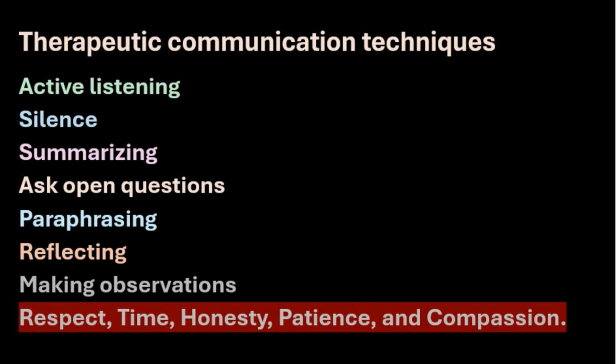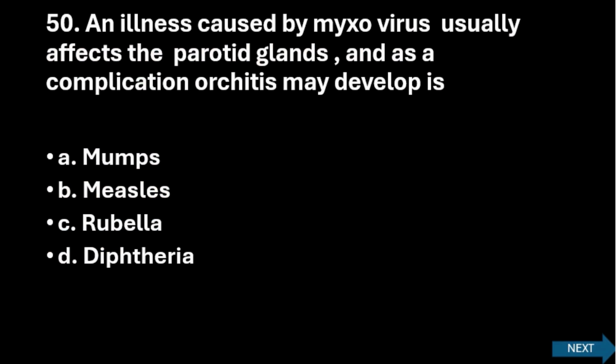Next question. An illness caused by myxovirus usually affects the parotid glands and as a complication orchitis may develop. Is it option A mumps, option B measles, option C rubella, option D diphtheria? Here it is caused by myxovirus and affects the parotid gland. That is a clue.